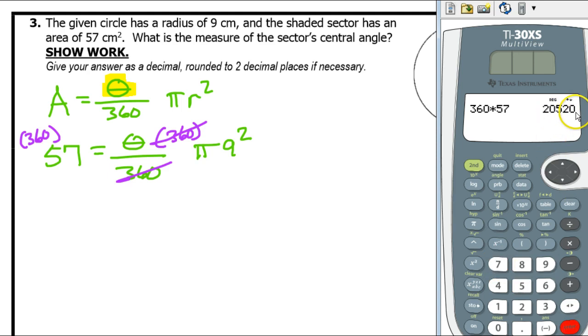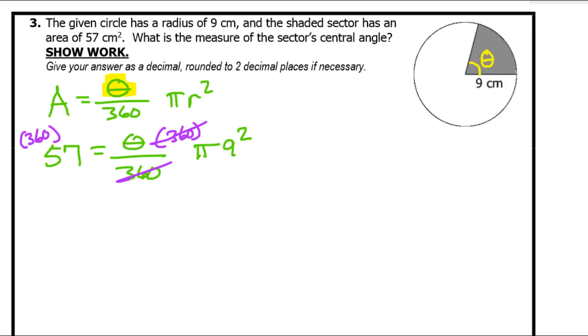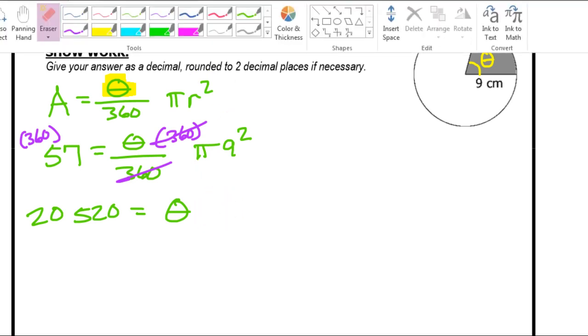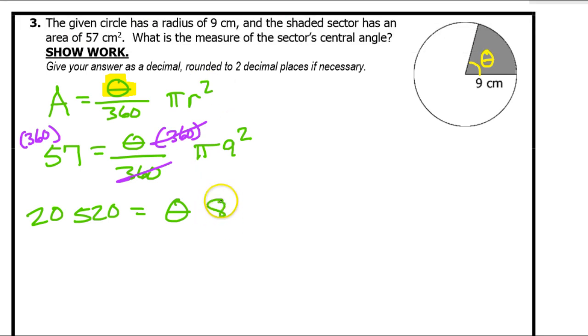Okay, 20,520 is equal to theta times 9 squared. 9 squared is 81. I started to write pi 9 squared, but I'll go ahead and write 81 pi, because that's the same thing.